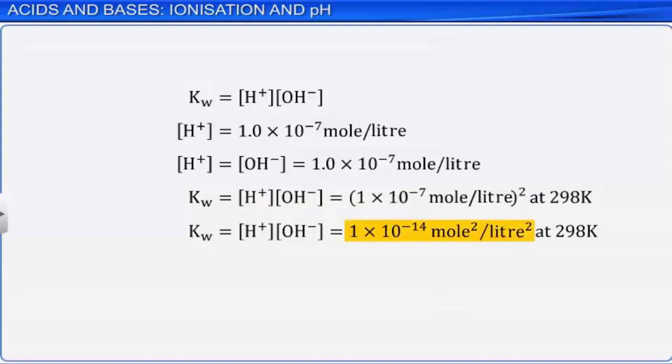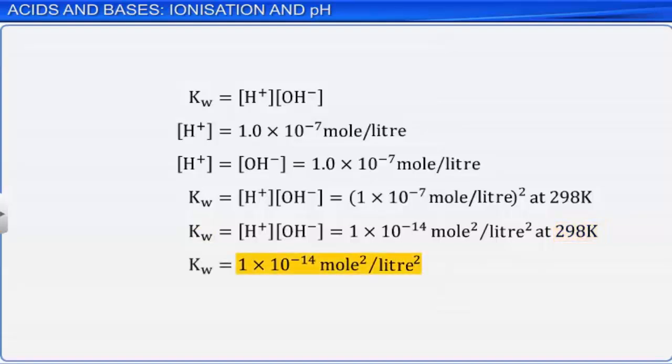This is equal to 1 × 10^-14. Hence, the value of the ionic product of water at 298 Kelvin is equal to 1 × 10^-14 mol^2 per liter^2. It must be remembered that Kw, being the equilibrium constant, depends on temperature.